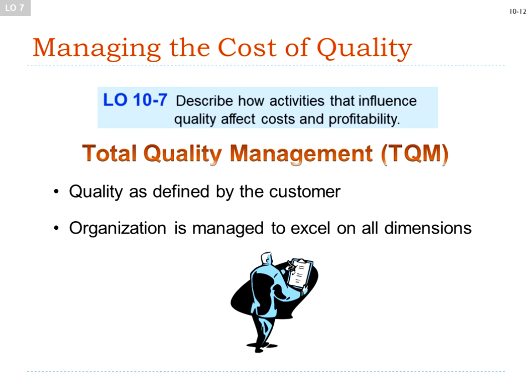Next, we're going to talk about the cost of quality and TQM. Way back in Chapter 1, we talked about TQM a little bit, and we talked about it being a management method by which some organizations try to excel or improve on all dimensions, with the customer ultimately defining quality.